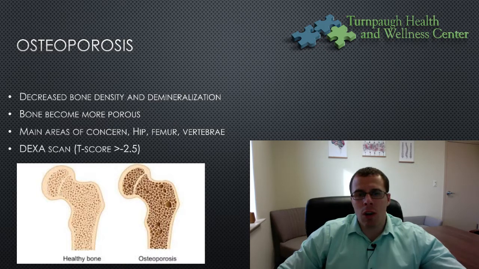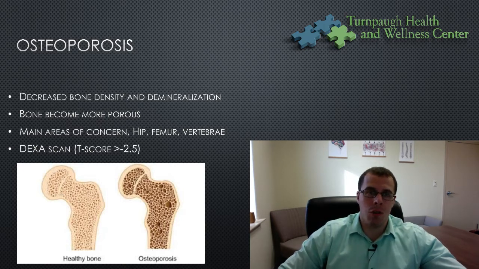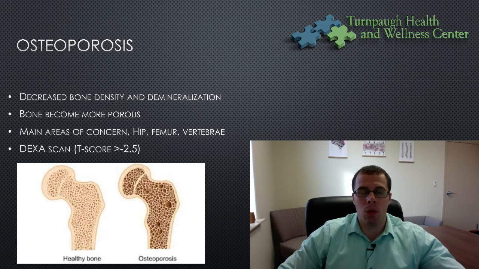Usually, anything of negative 2.5 or greater, so if you have a result of negative 2.8, is considered osteoporosis. Now typically, that's a T-score that you want to look at. Anything less than negative 2 is considered osteopenia. So if you have a negative 2.1, you would fall in the category of osteopenia. Again, anything beyond negative 2.5, 2.6, 2.7, etc., you now fall in the osteoporosis category.